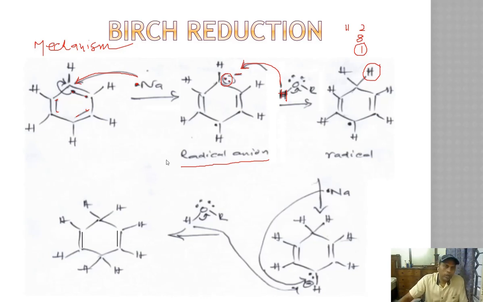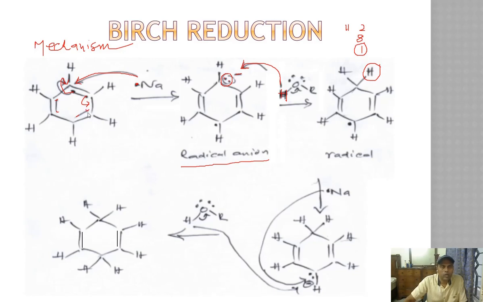Now here what happens, because this electron from here has gone to here, this electron is going to move here, and it is going to form a double bond over here.